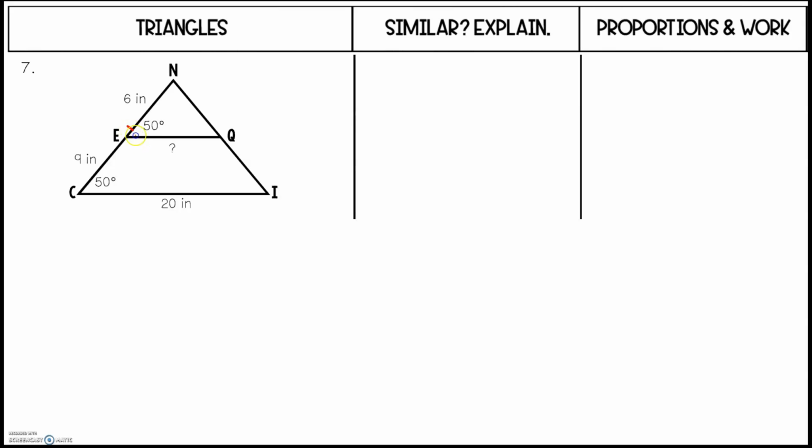Let's see. These angles are the same parts. They're both the left-hand corner of the two different triangles, so they are equal to each other. So that's one set. Angle E and angle C are congruent corresponding angles.